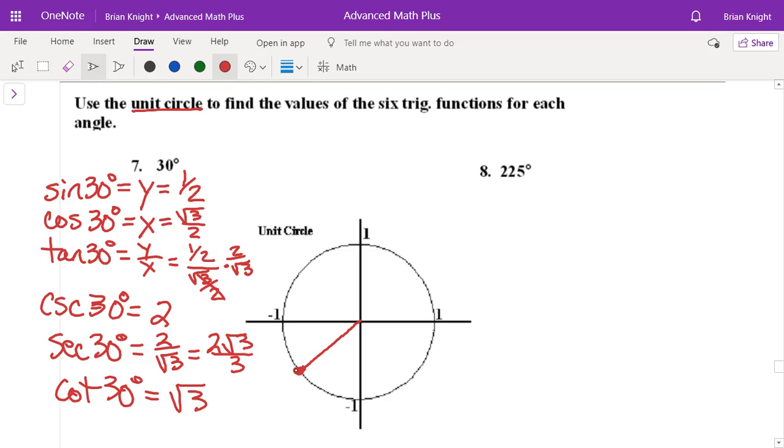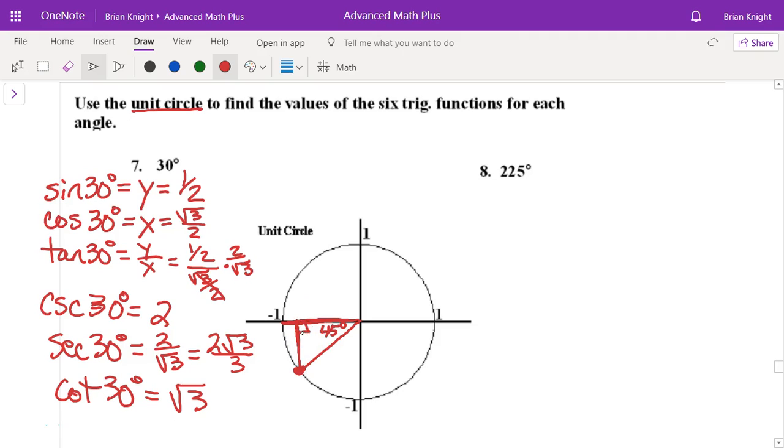Same exact thing. Reference angle. Okay. What's the reference angle for 225? 45. Okay. Remember, I told you how all the big angles we're going to just condense into reference angles. Okay, reference angle is from 0 to 90, always. So you're always going to be working with those angles. So I make a triangle out of this.